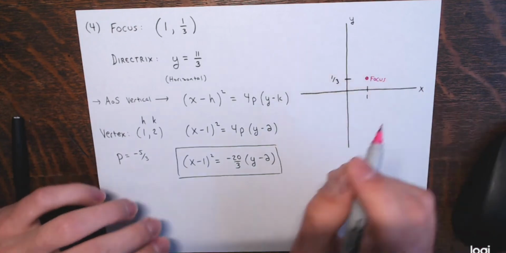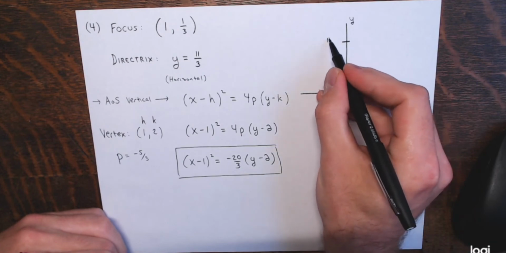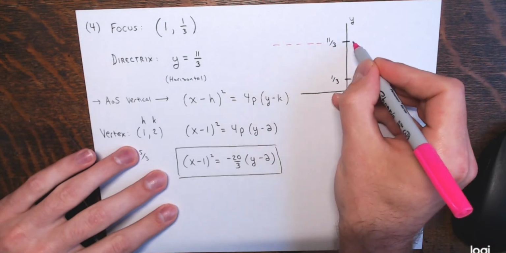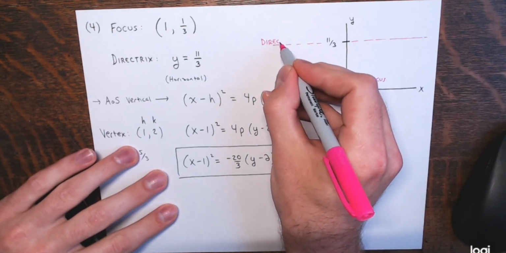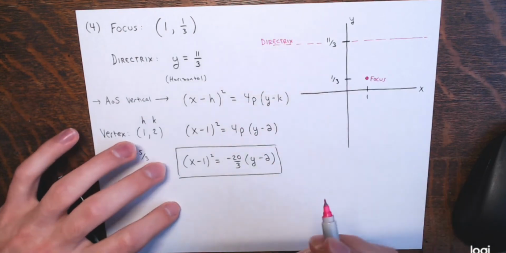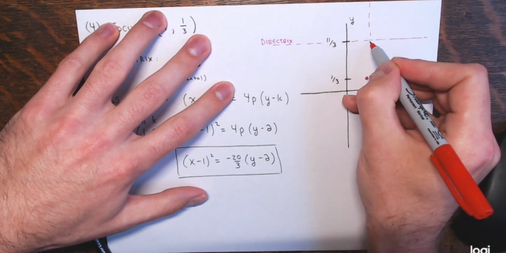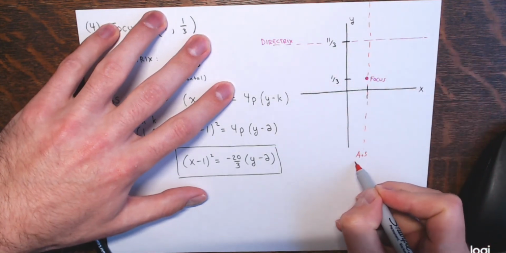The directrix y equals 11/3, which is above 1/3 on the y-axis, and that's a horizontal line. There's the directrix. And if that's the directrix, the axis of symmetry will be a vertical line going through the focus here. The axis of symmetry would be the line x equals 1.